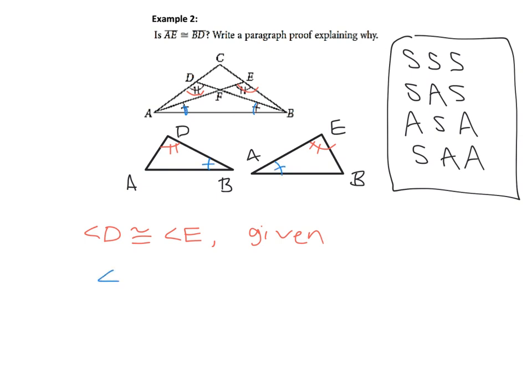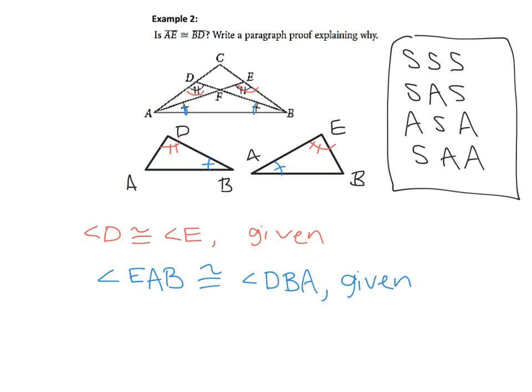Alright, so angle EAB is congruent to angle DBA. And again, we know that because of the marks that were on the original picture, so they gave it to us, it's given.